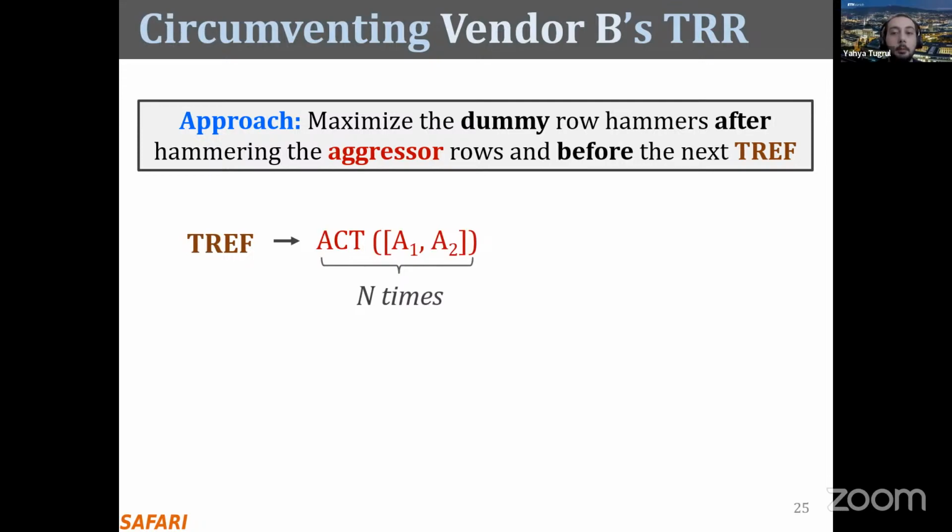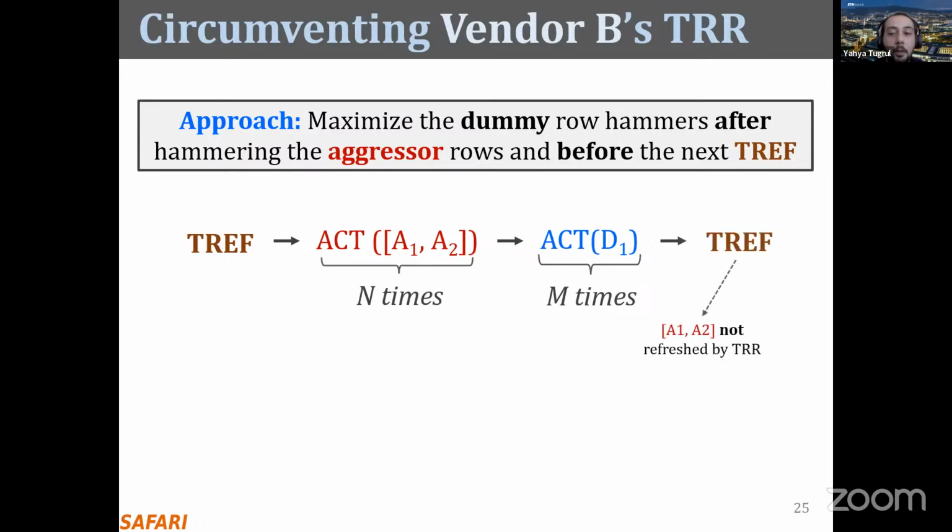After that, we hammer dummy rows many times so that the TRR mechanism samples these dummy activations and overrides the previous sample, which potentially includes one of the rows A1 or A2. As we hammer the dummy rows more, we increase the probability of having the dummy row sampled and detected by the following TRR capable refresh.